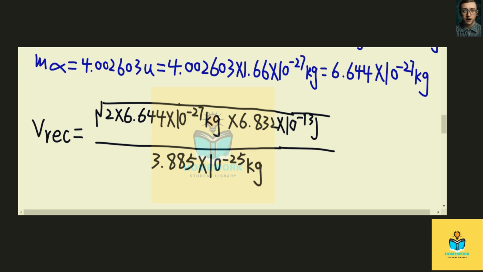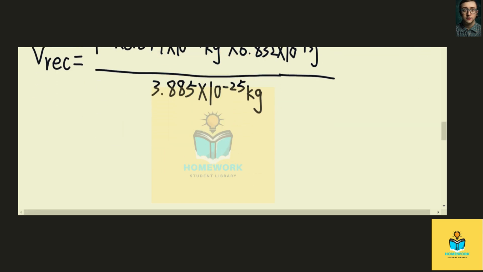This gives us the recoil velocity for the thorium nucleus as 2.453 times 10 to the power of 5 meters per second. And these are the answers for this question.